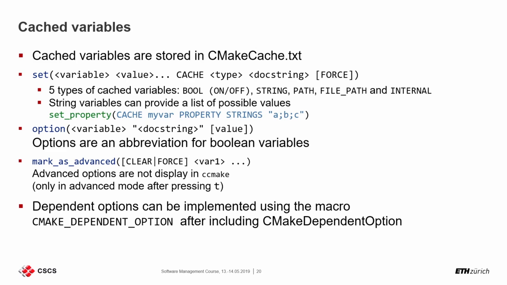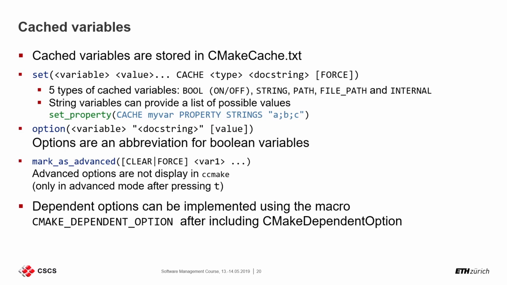But if you make them cached, that means the values stay between invocations of CMake. So what you, for example, will do in one of the exercises, you can set the floating point precision to either float or double values, and this is something you want to store. You want to have it as an option available in CMake, and that's what you do with this cache option.